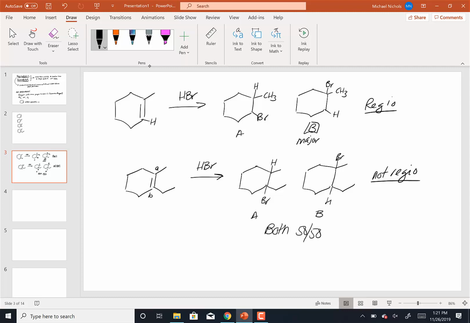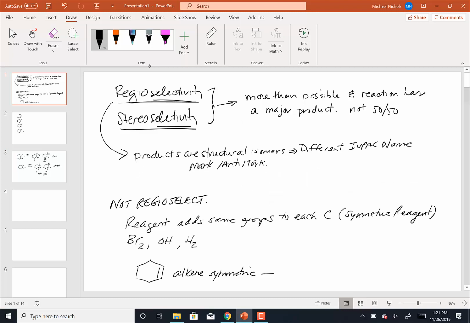Okay, so that's one that's regio, one that's not regio. So obviously the reaction has to favor Markovnikov or anti-Markovnikov, but then again, these reagents that we had here are the reagents that should show up as neither on the chart because they're symmetrical. Okay. So if you're looking kind of at the flow chart, it just takes you step by step.